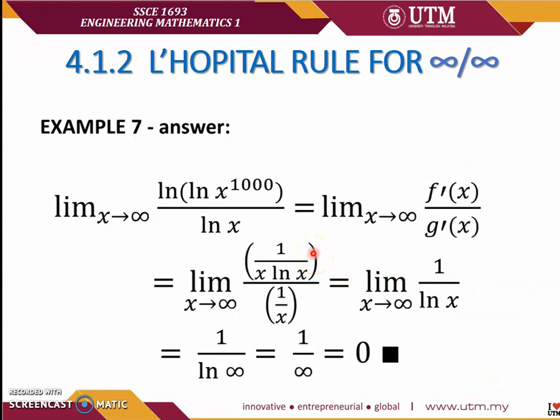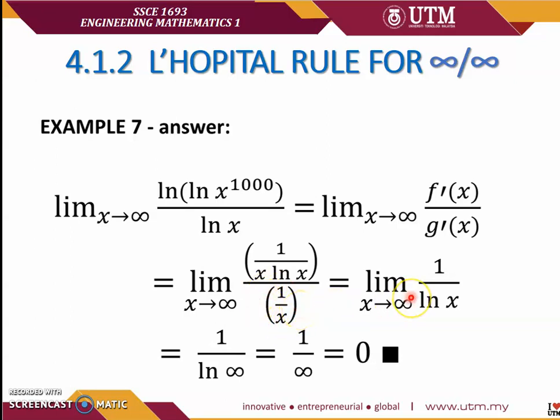So how do we want to solve this? Again, we need to find the differentiation for f(x) and the differentiation for g(x). So ln x^1000, after the differentiation, we will obtain 1 over x ln x. The ln x after the differentiation, we will obtain 1 over x.